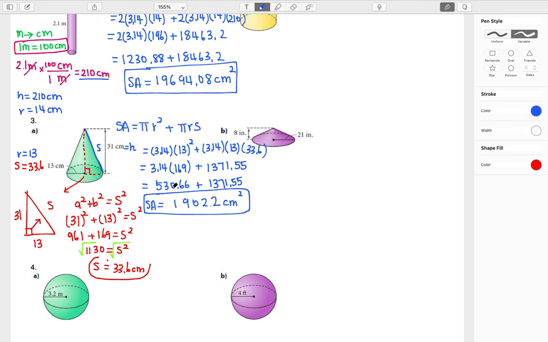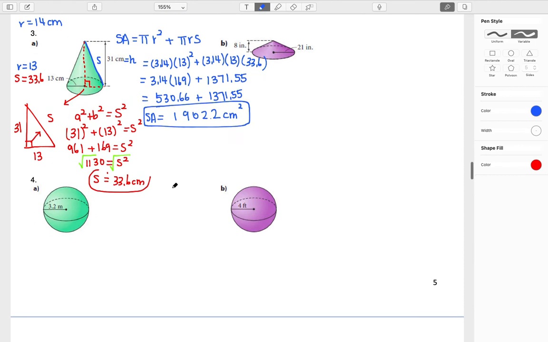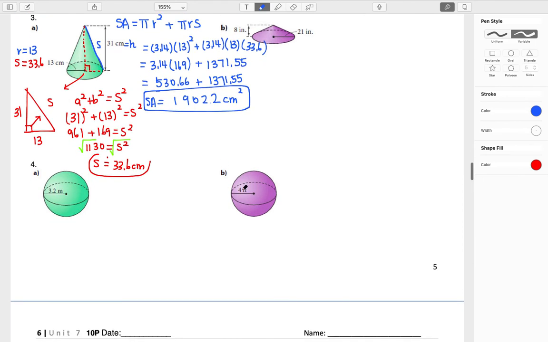Okay, so now I think we're a little bit more comfortable with surface area. Why don't we try finding volume? So we can try finding volume for a sphere. So for number 4b, it's a sphere. And look at the formula for sphere for volume.